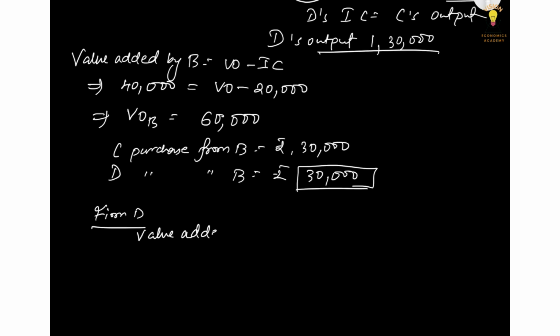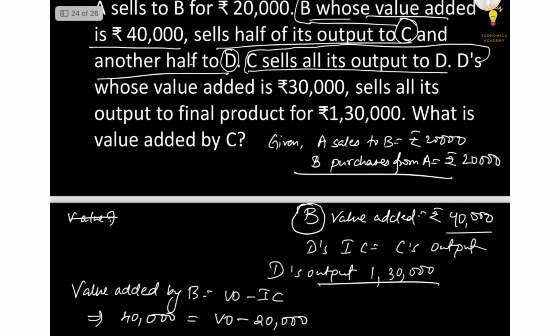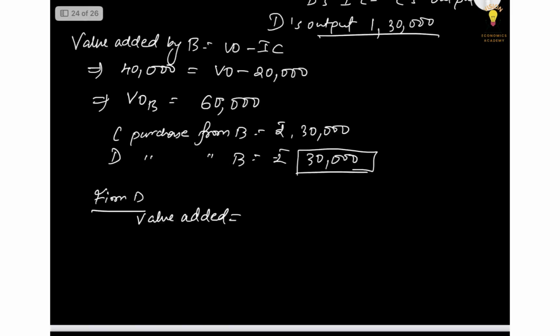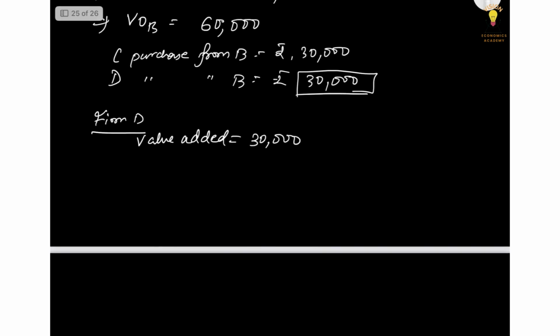Value added of firm D is 30,000. Now value of output is 1,30,000 according to the question, right?